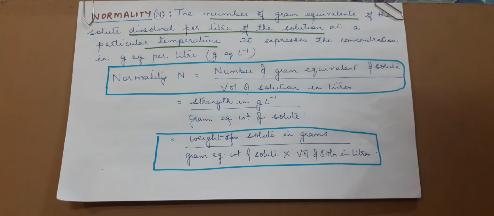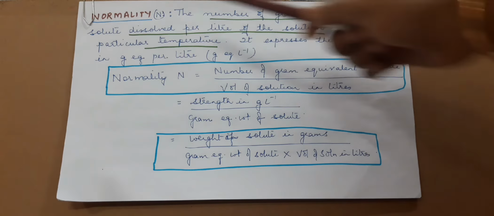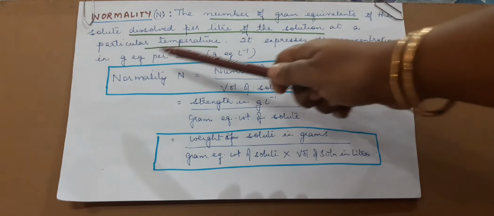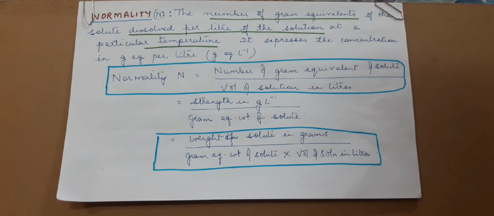Just like molarity, which was temperature dependent because we had taken volume, normality is also temperature dependent because here also we are talking about volume, and volume will change with respect to temperature. So normality, the number of gram equivalents of the solute dissolved per liter of the solution at a particular temperature, is the definition for normality.